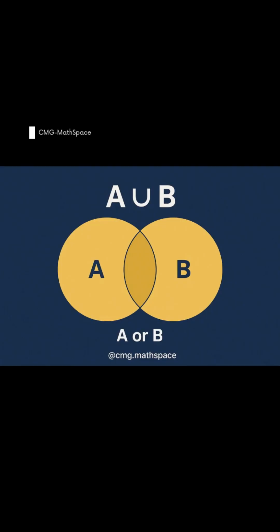So in this video, we are not going straight into drawing or shading. Instead, I want us to take a step back and understand the concepts behind these notations, what union means, what intersection means, and how they relate logically to sets.